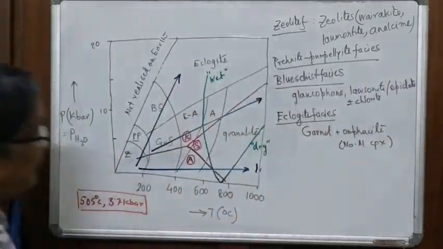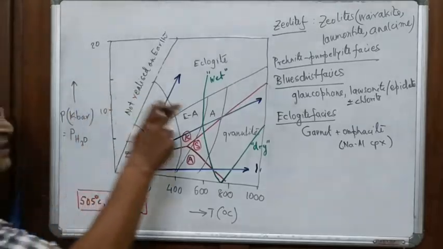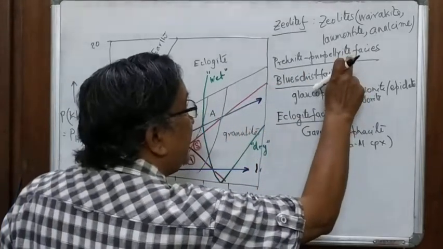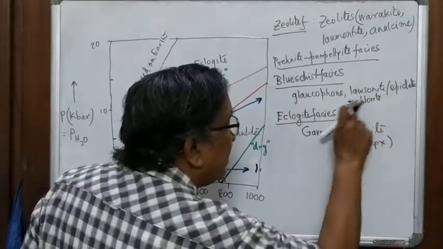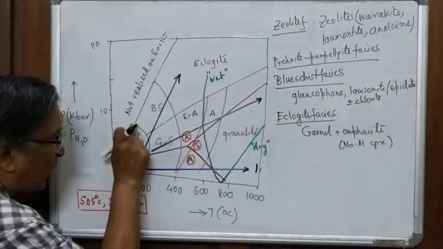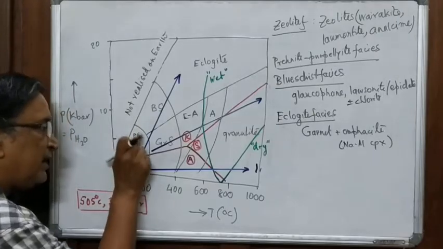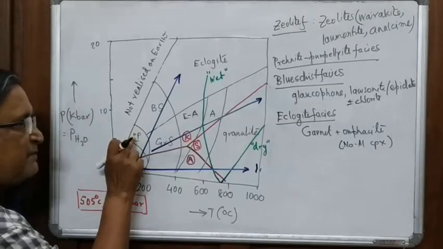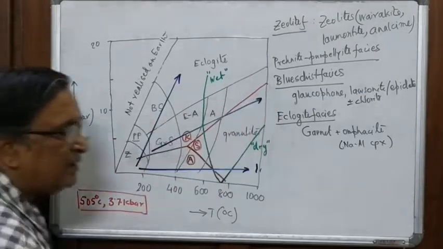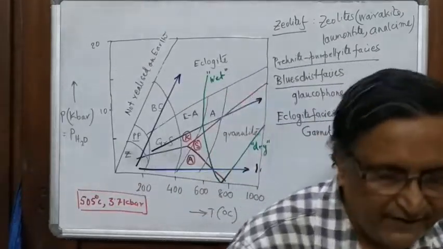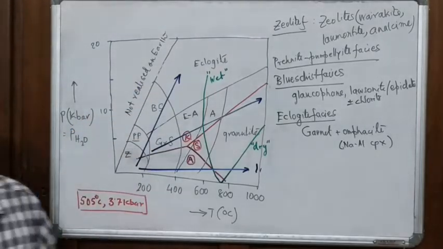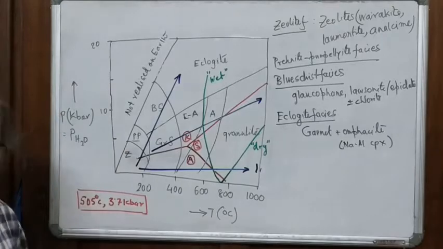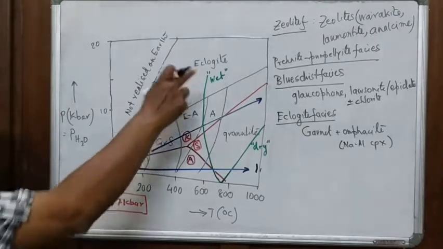And you have the blueschist phases where you have glaucophane, lawsonite, epidote plus minus chlorite. So obviously this reaction boundary takes out prehnite, pumpellyite, and you get glaucophane, lawsonite phases. So all these black lines are essentially reaction boundaries. We won't be studying all of them, we don't have the time, but these are essential things. These are reaction boundaries.